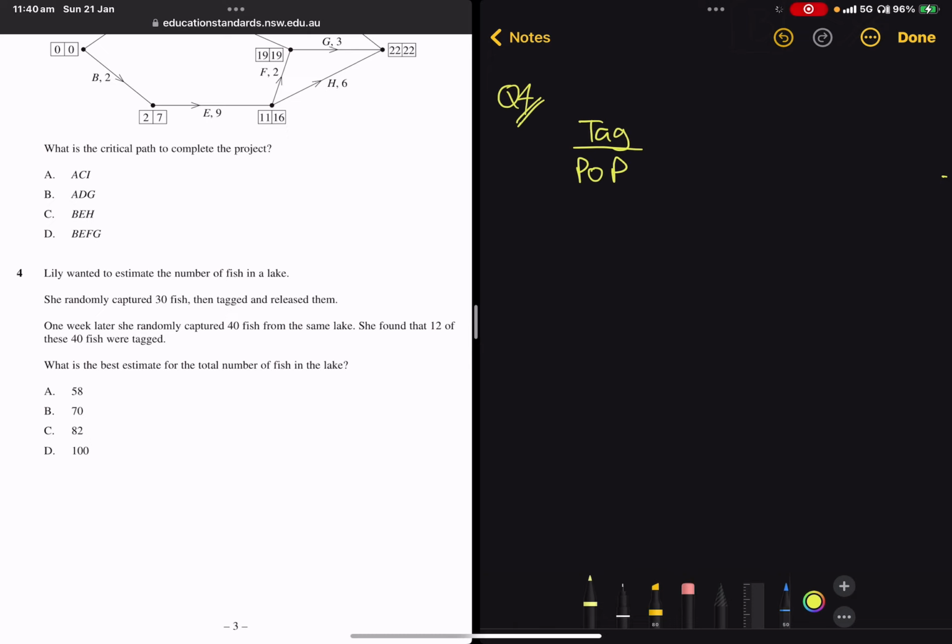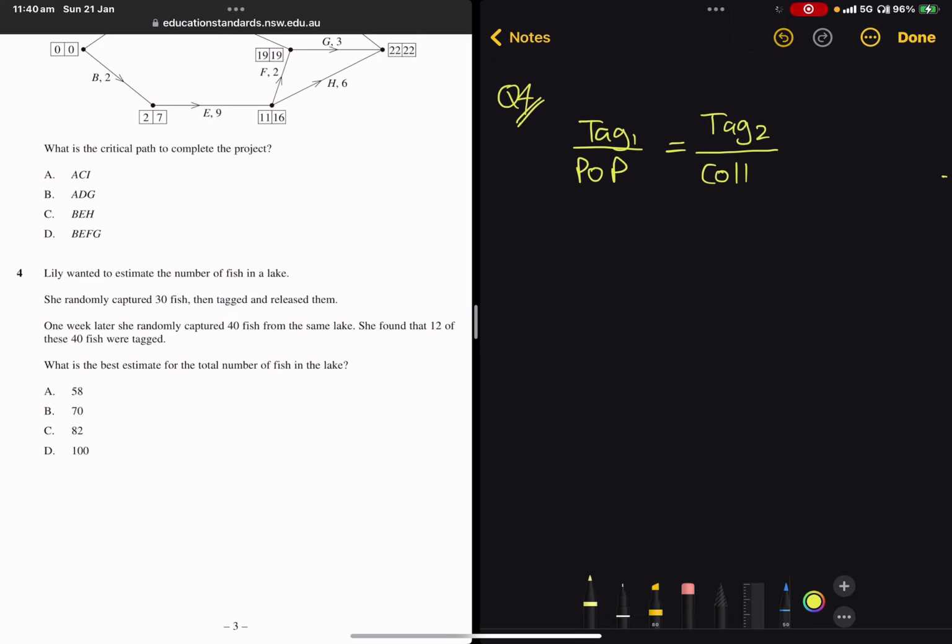So you collect fish, you tag a certain number, there is a certain population. You assume this is equal in ratio to the number that were tagged when you collected them divided by the number collected.